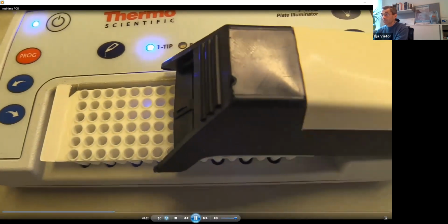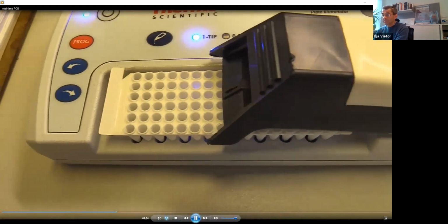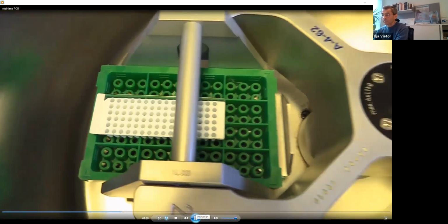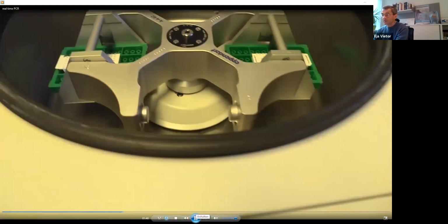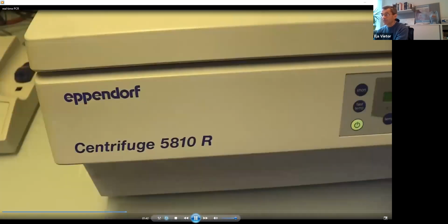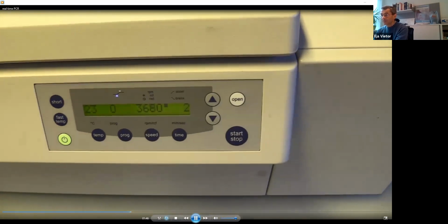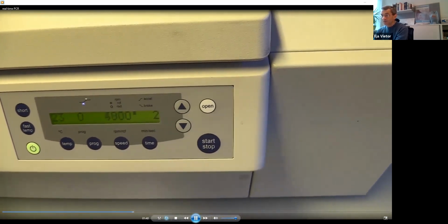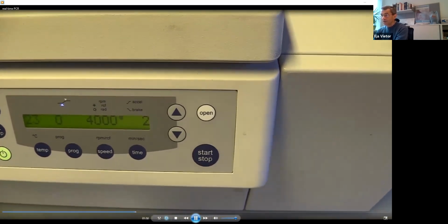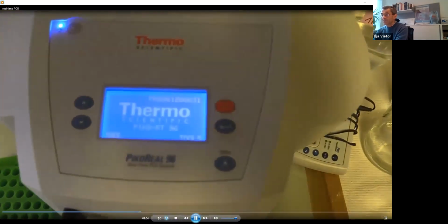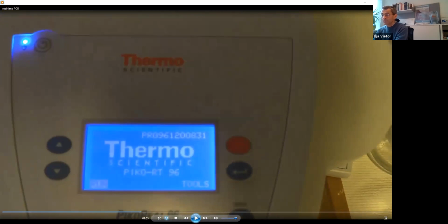So with this device I sealed the PCR tubes, then centrifuged them down, because it's a very small volume. You have to centrifuge it in order to collect your samples. So a short time, but it has to be properly done. And then we go to the PCR machine.